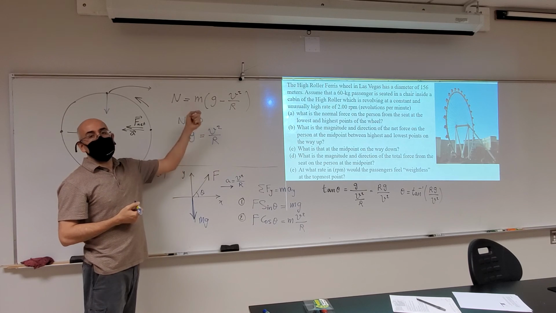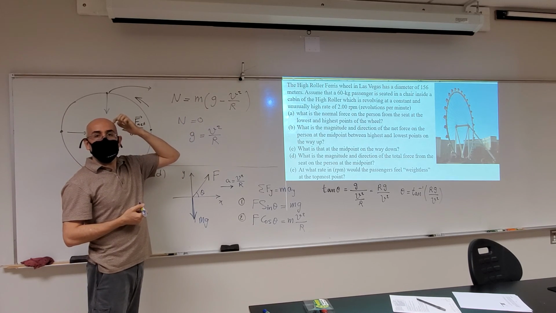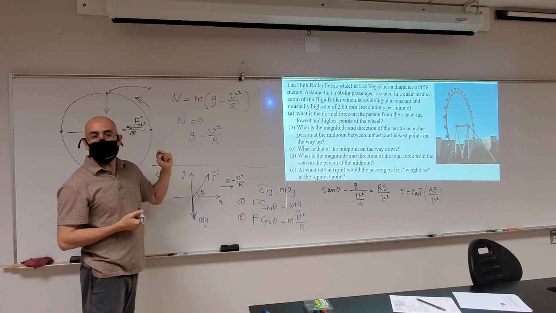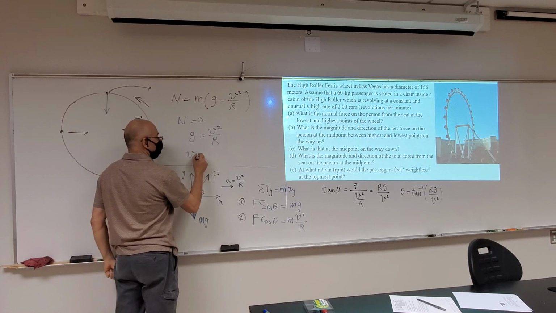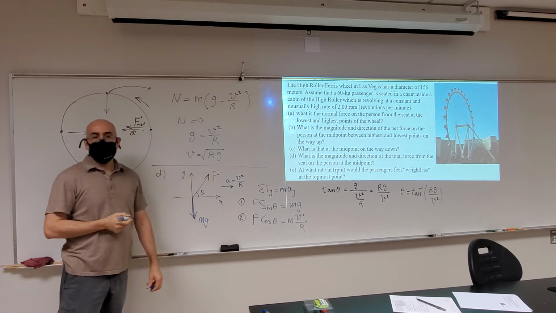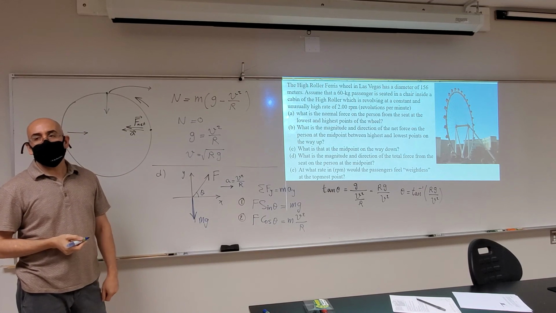You don't need any more forces to keep you on the circle. Then v squared equals rg, and v is equal to the square root of rg. That's the speed, and then you can convert that speed again to RPM.